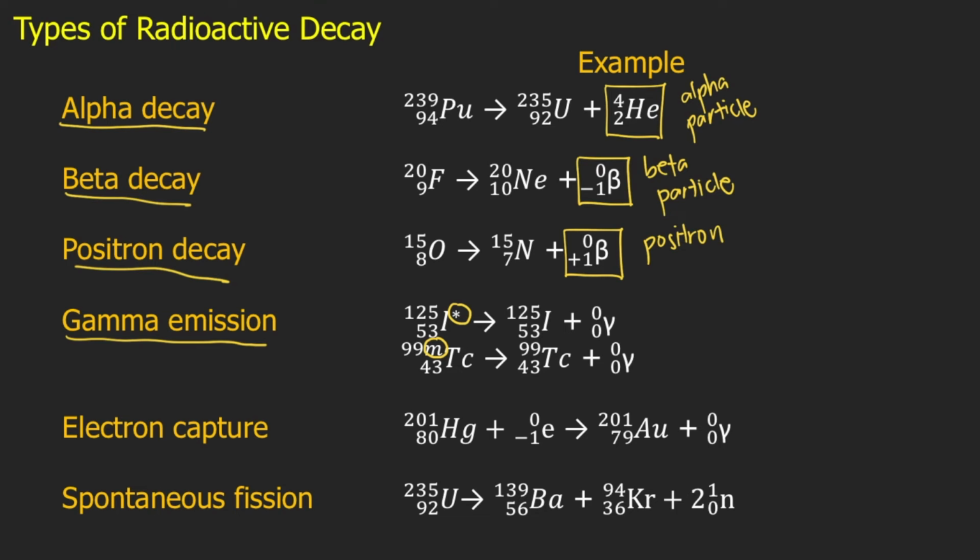Whenever you see an asterisk or a small letter m beside the mass number, that means your nucleus is at a higher energy state. When that nucleus undergoes gamma emission, it emits, of course, gamma rays. So you will see gamma rays on the right side of the reaction.